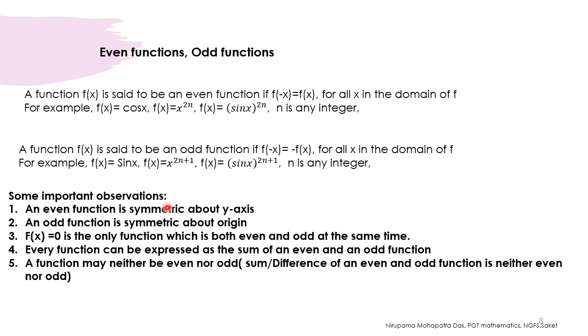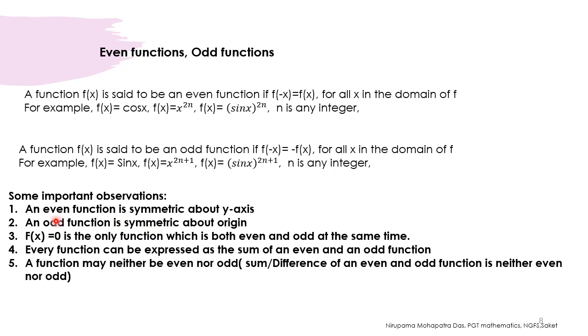So here are some very important observations regarding even and odd functions. You have just seen f(x) = x square, the graph is symmetric about the y-axis. Whenever you take any even function, even if you change the sign of x, there is no change in the sign of f(x).